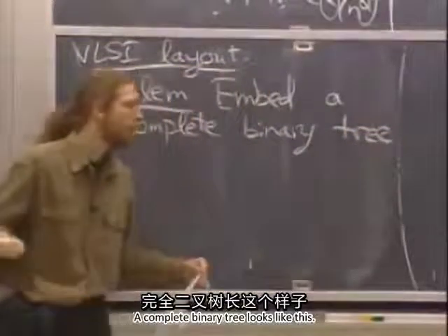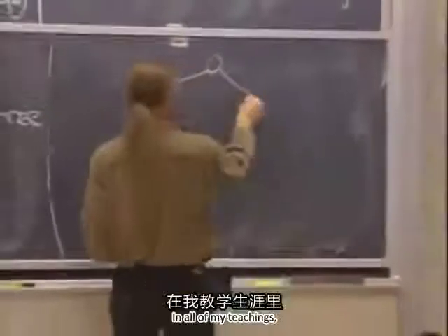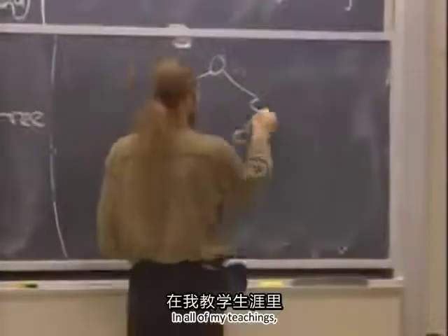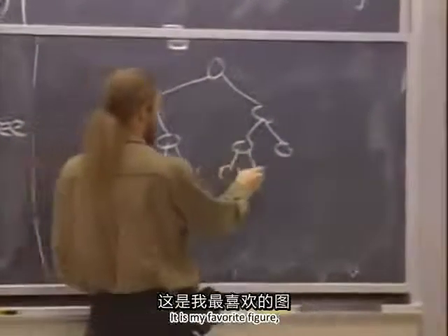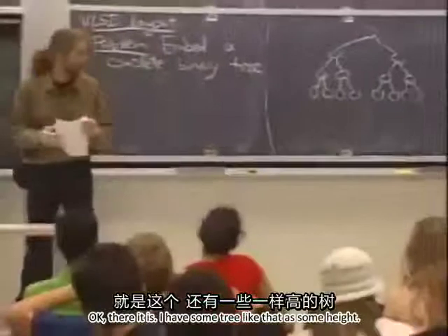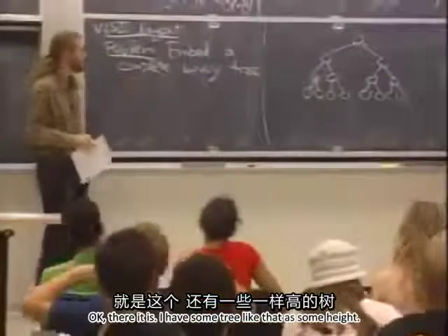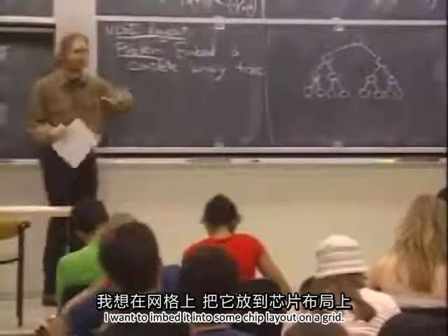A complete binary tree looks like this. In all of my teaching, I have drawn this figure the most. It's my favorite figure, the complete binary tree. I have some tree like that with some height. I want to embed it into some chip layout on a grid.